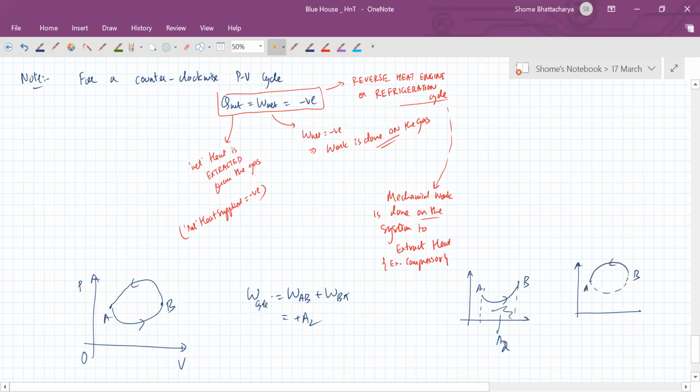And the other part is the larger area in terms of magnitude, but that is coming with a negative sign because it's a compression. So this total area is supposed to be A1 like before, but this time it is minus A1. So the net work done becomes minus A1 minus A2, so negative of the area enclosed. So that is the simple logic why this comes out to be a negative quantity.